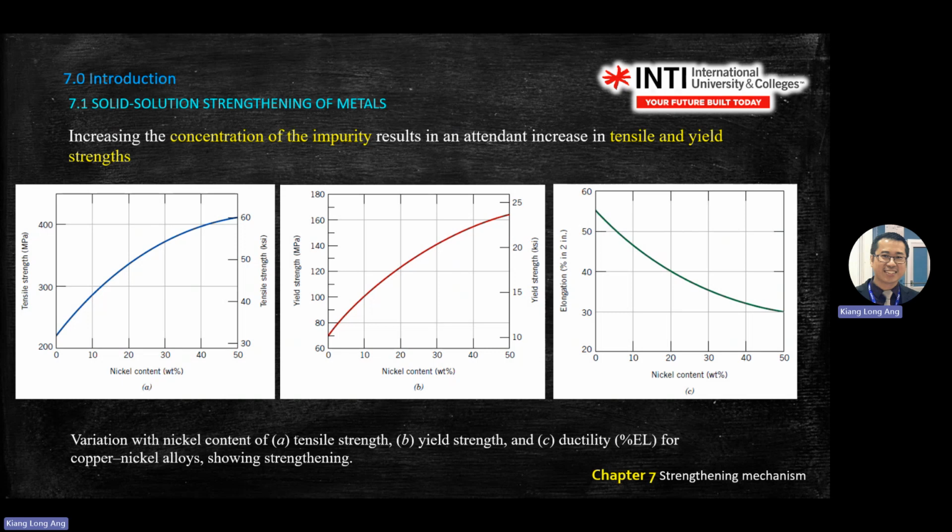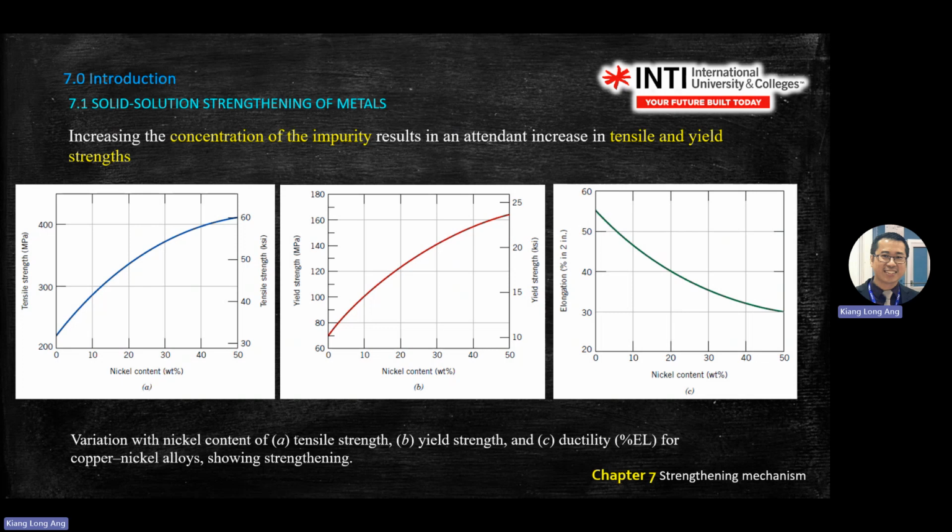As you can see here, the left-hand side is the tensile strength, and the x-axis is nickel content in weight percentage. We have learned this in chapter 3 or chapter 4, when we learned about concentration. There are two types of concentration: one is atomic percent, and the other is mass weight percent.